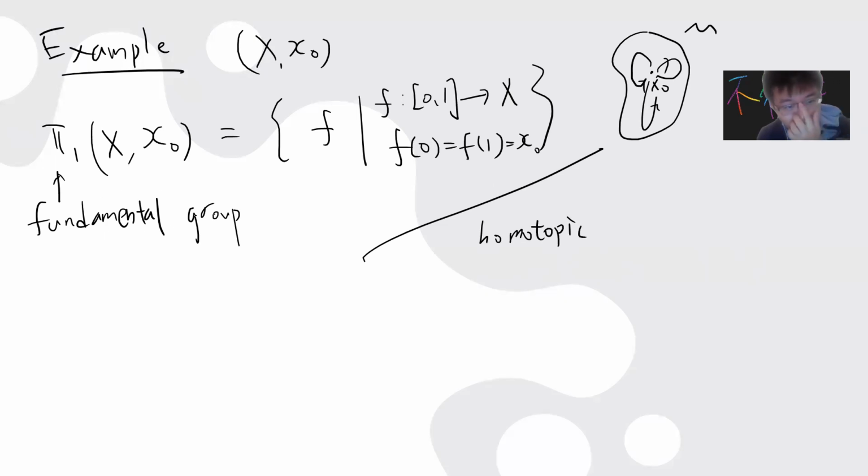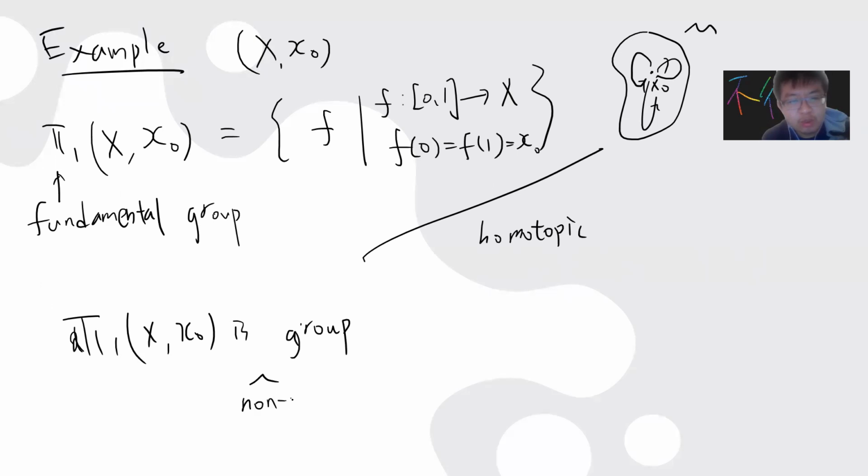I will talk about the fundamental group in the future. Basically, you can check this is a non-trivial result, but pi1 of x0 is a group, and usually it's a non-abelian group. For example, the famous result is that pi1 of the circle will be Z.